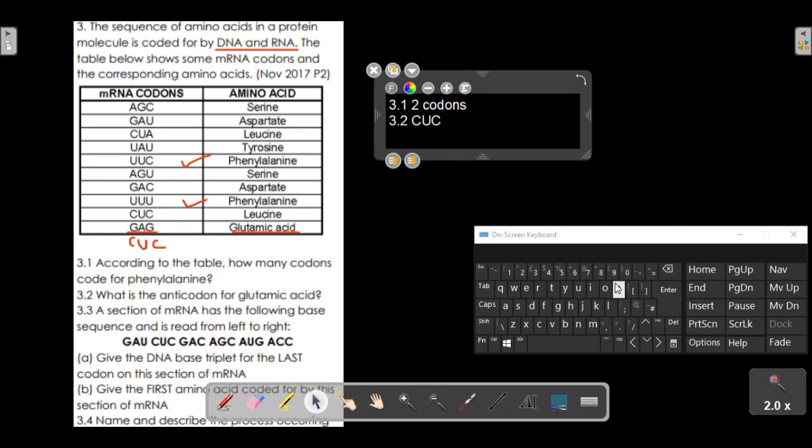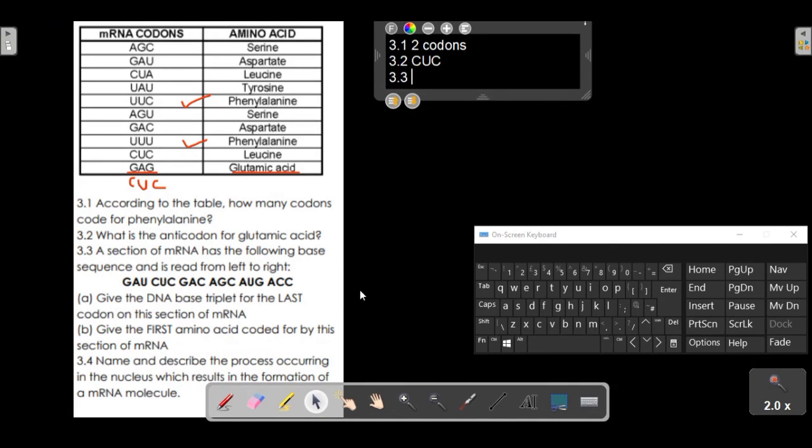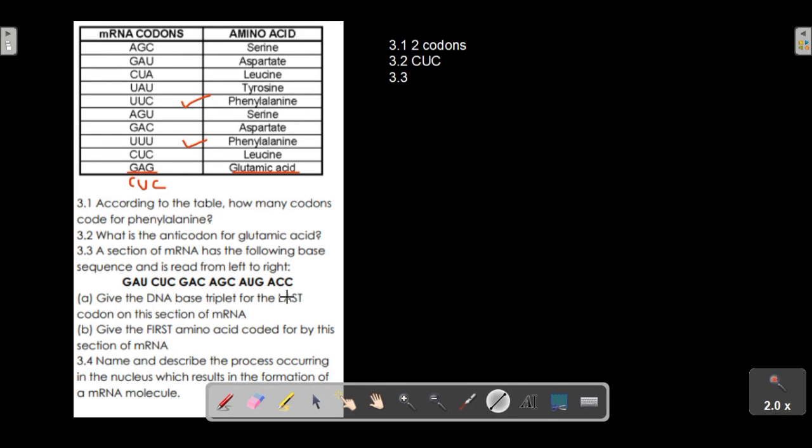Then 3.3 says, a section of mRNA has the following base sequence. So it's a section of mRNA, and it is read from left to right. A says, give the DNA base triplet for the last codon on this section of mRNA. The last has to be the one on the right because, remember, this is read from left to right.